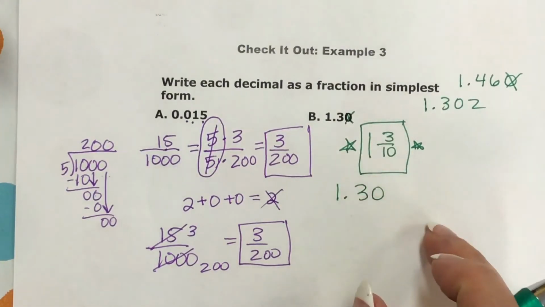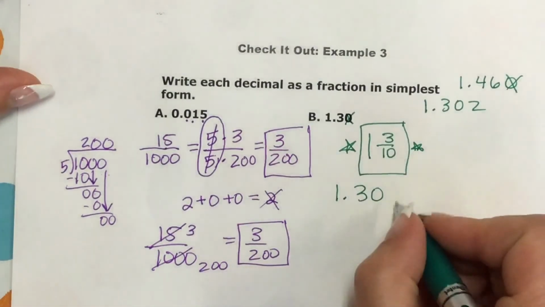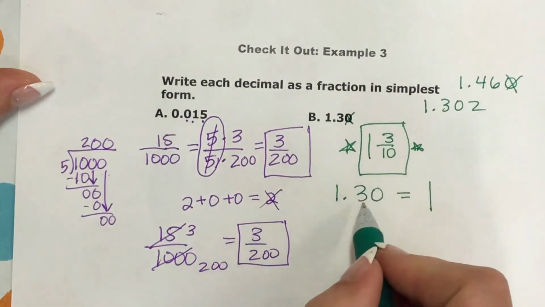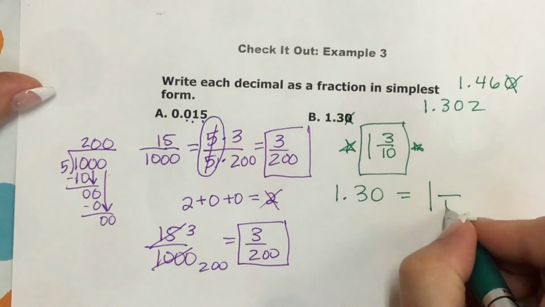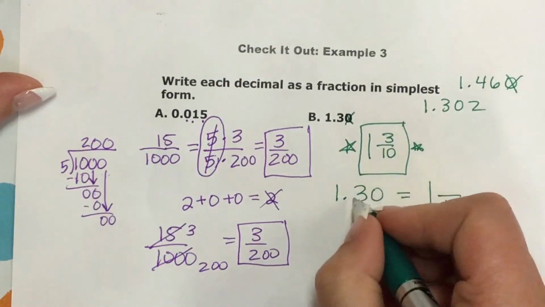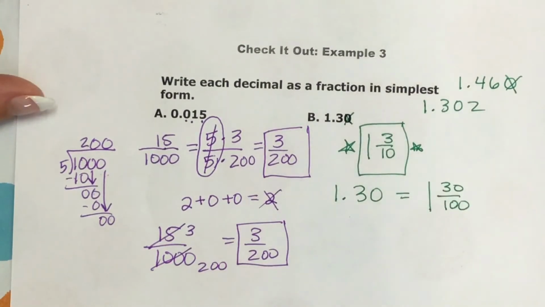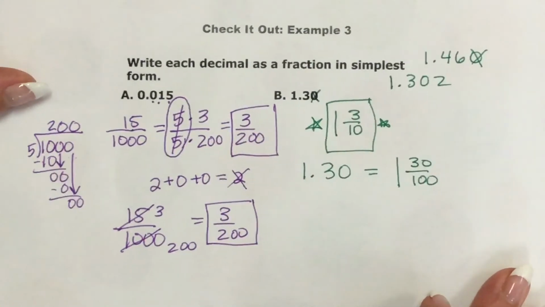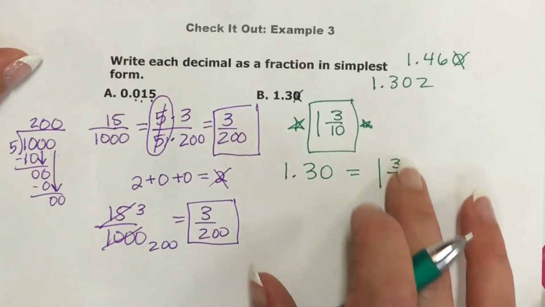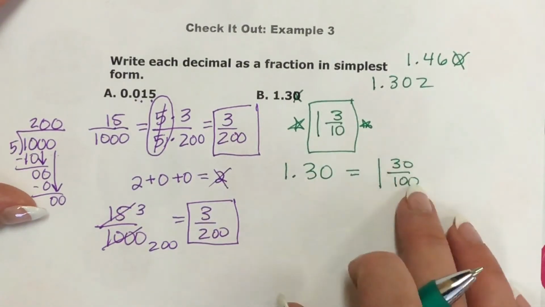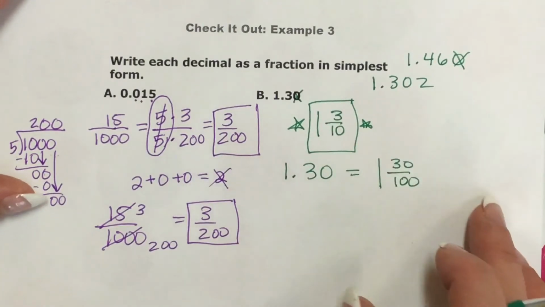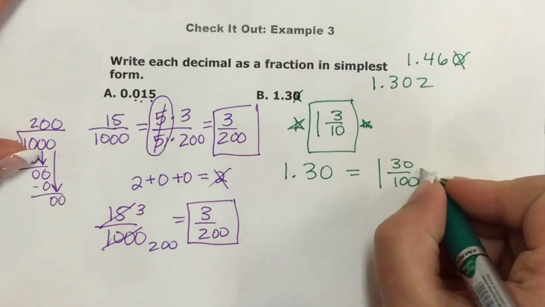1.30. Let's say you didn't know that about the 0. And so what you did is you said, hey, that's 1. This is tenths. That's the hundredths place. So the 0 is in the hundredths. So it's going to be 30 100ths. Okay? And then what we need to do is put this in simplest form. Now, since I know that both of these end in a 0, I know that they're both divisible by 10.